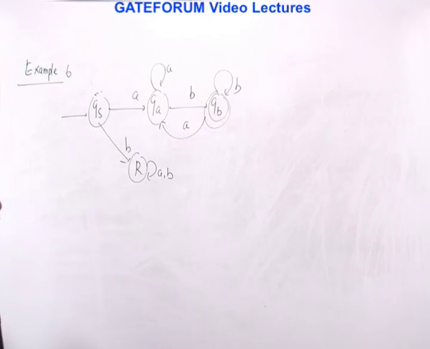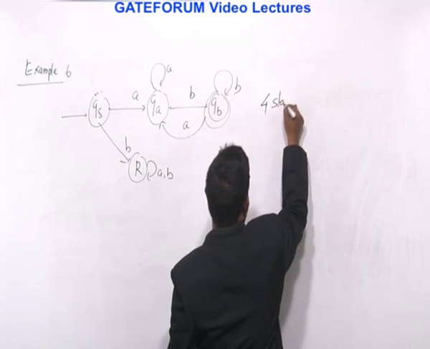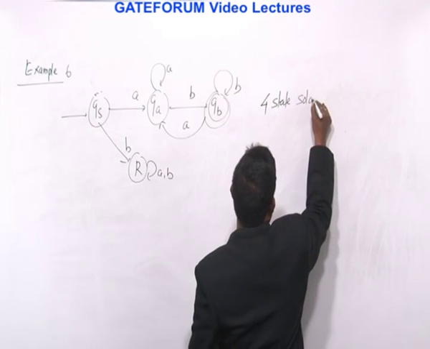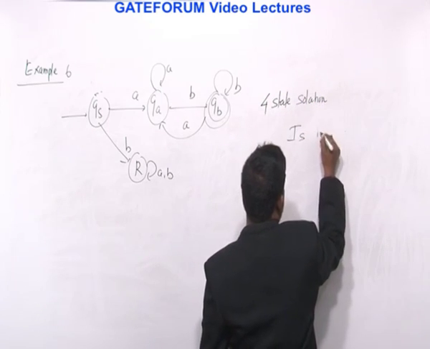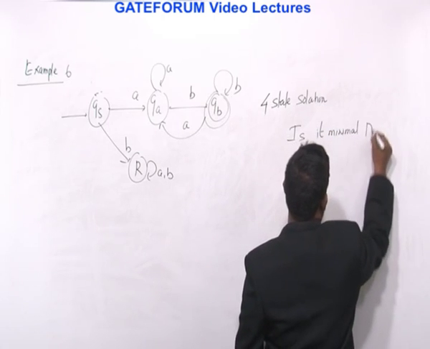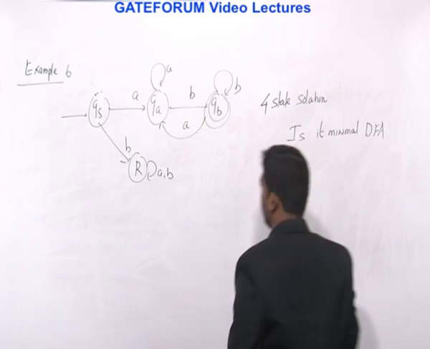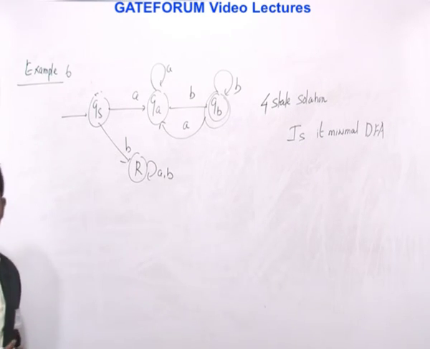So example number 6 was this. I want to verify whether the 4-state solution is minimal or not. Is it a minimal DFA? Even if you have done it correctly, and if you have done it with more states, we can verify this situation.